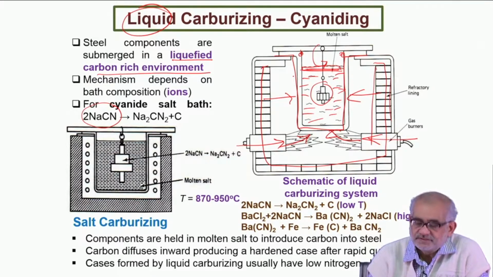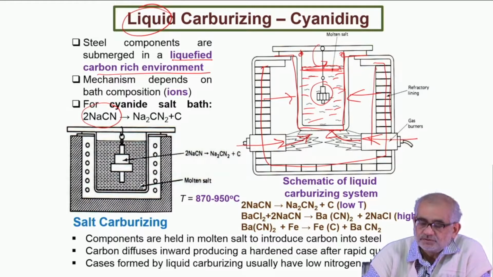Usually whenever we deal with salt bath processes, these activities never completely cease. In other words, once you have melted the salt, you generally would not like to allow it to come to room temperature, because every time you do that, there's a lot of dissociation that takes place, and in the process the composition can change significantly.